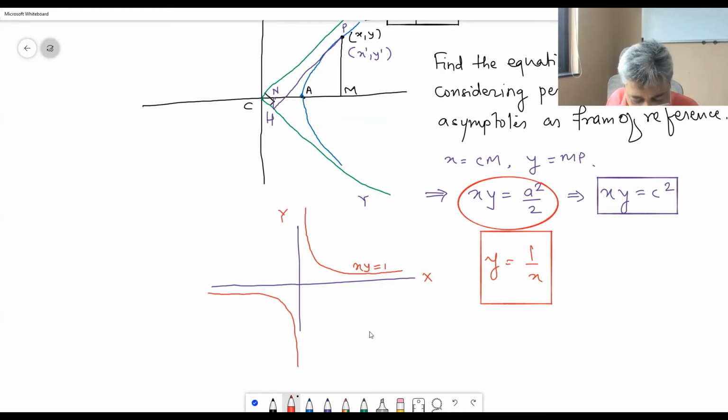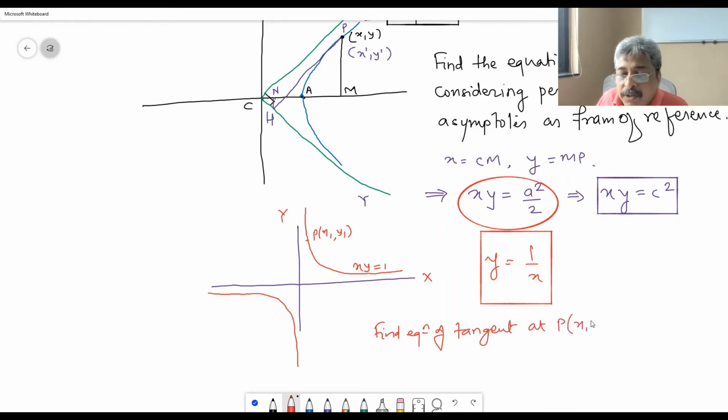Now, if point P is on the rectangular hyperbola, how will the equation of the tangent look? Find the equation of the tangent at P(x1, y1) to xy is equal to c square.